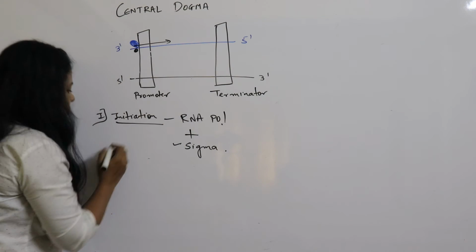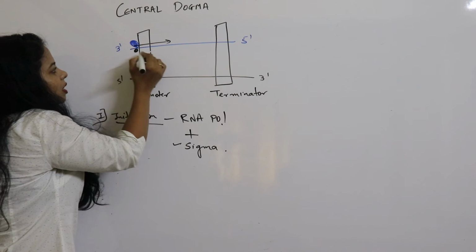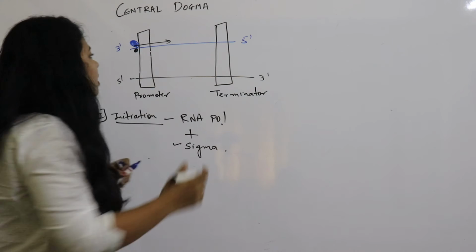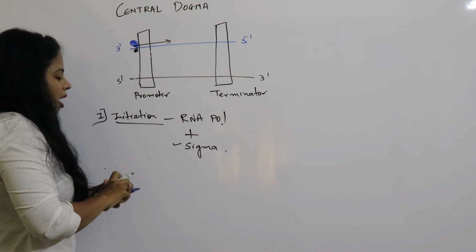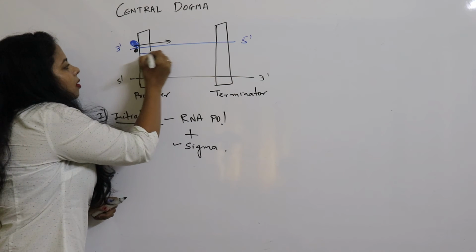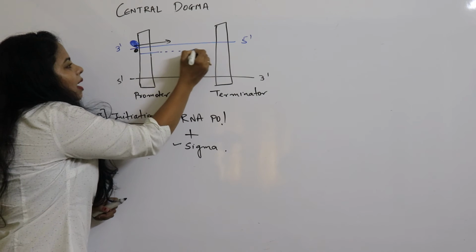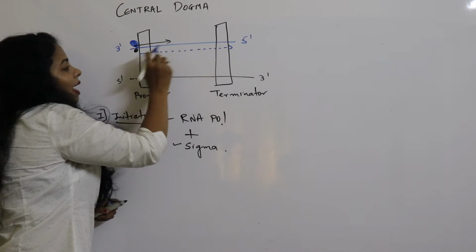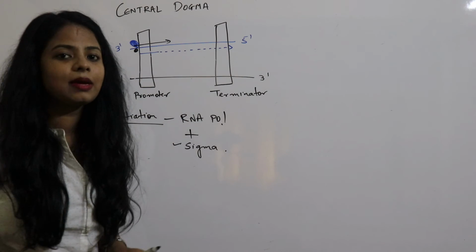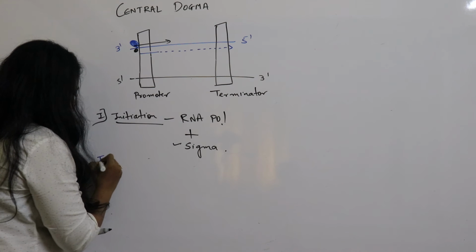Now as the RNA polymerase starts moving from 3' end to 5' end, the complementary bases are added. Now here your mRNA is going to be elongated. So second step is elongation.